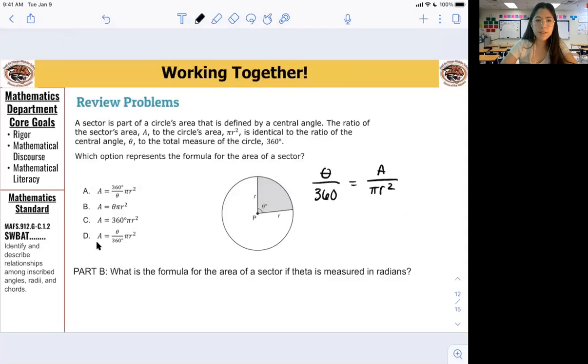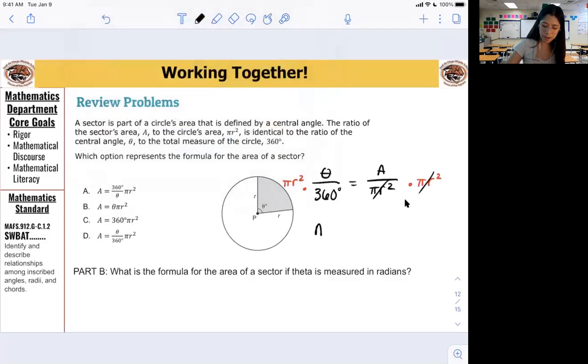So to go from this to one of these answer choices, what do I have to do to both sides? If I'm solving for A, I'm trying to get A by itself, right? What should I be doing to both sides of this proportion? Times pi r squared, on both sides, because that cancels it out.